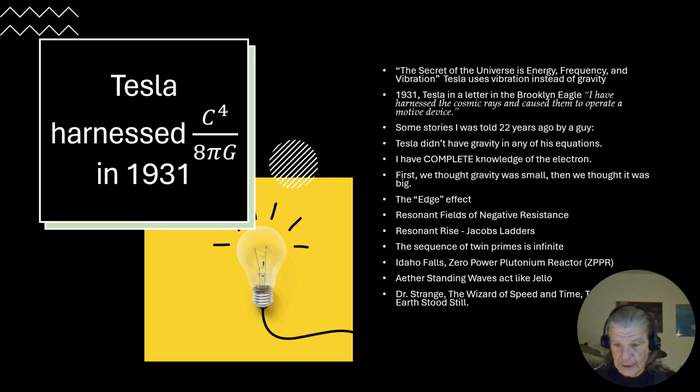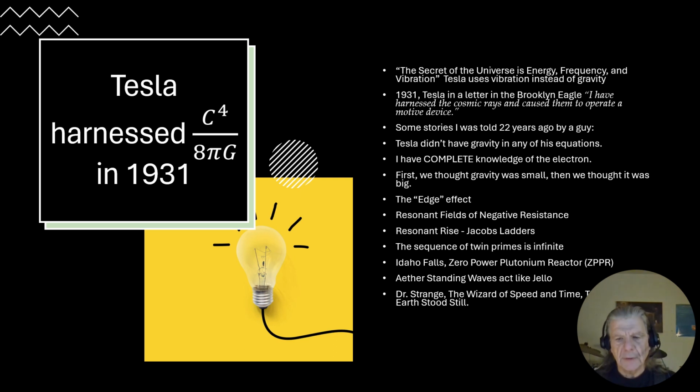We'll get into that at some point, I'm sure. But Tesla in 1931 seems to have achieved something that Einstein adjusted for, or perhaps Einstein beat him there. I don't know. The fact is that Einstein and Tesla did not disagree in the end.